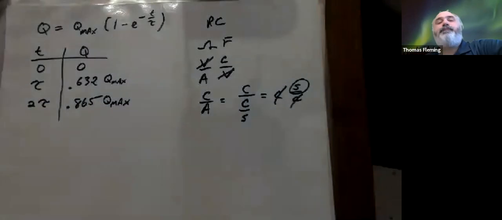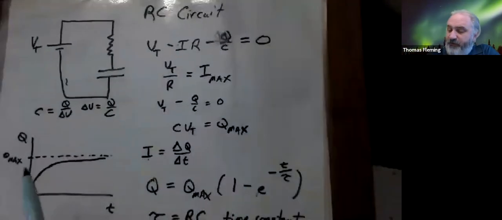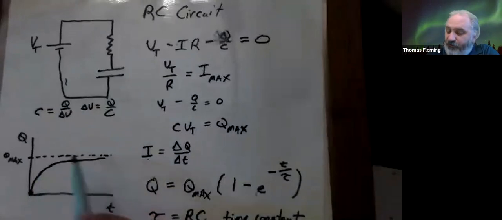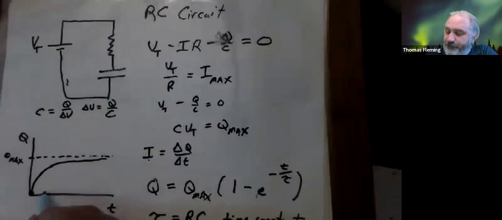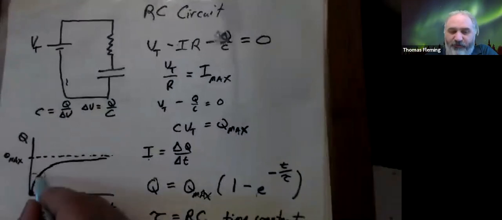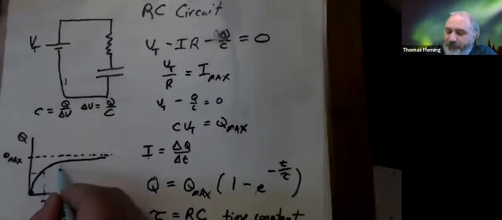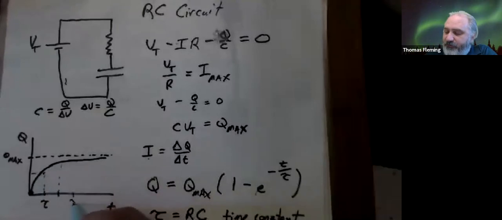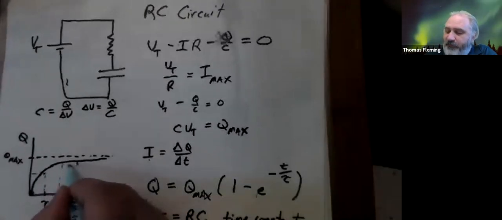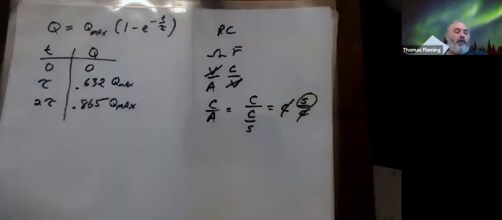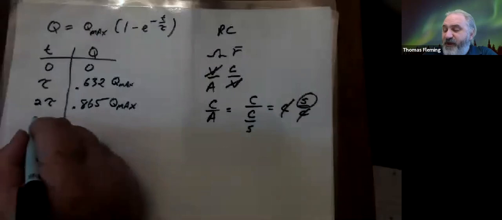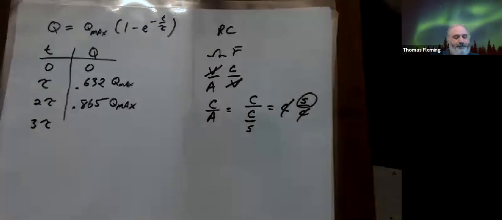Why is that? Well, remember what's happening is my curve is flattening out. So during the first time constant, I went up by a large amount. But during the next time constant, I only went from here up to here. I went up a smaller amount. And so every time I wait another time constant, I'm not going up nearly as far. It's leveling off more and more. After 3 time constants, I'd have e to the negative 3 power from this, right? So e to the negative 3 is only 0.049.